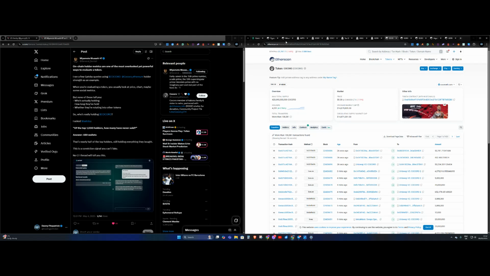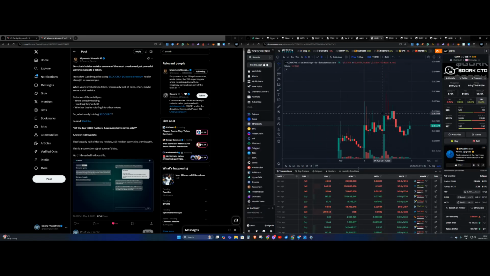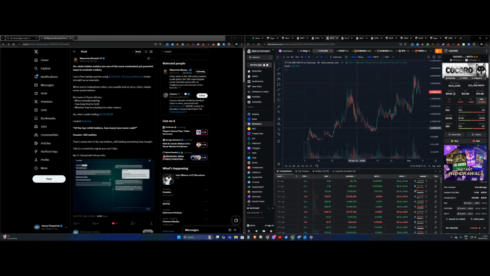But if we have a look at the chart for this one, you can see this chart is not looking bad. It again has the pump up, the pullback, the pump up, the pullback, the pump up. This pullback is obviously a little bit lower than this low here, so that is not ideal in itself. But if we compare it to this, you can see this pullback did come a little bit lower, so that's not to say that it can't continue onwards and upwards.